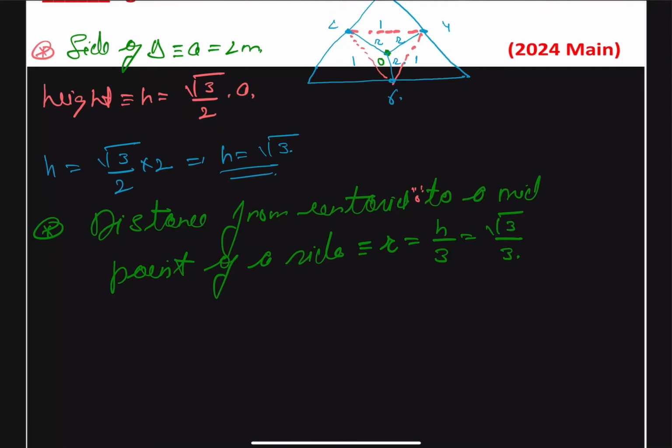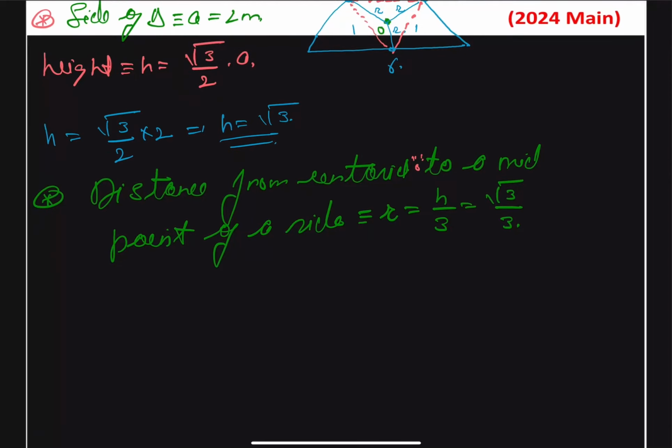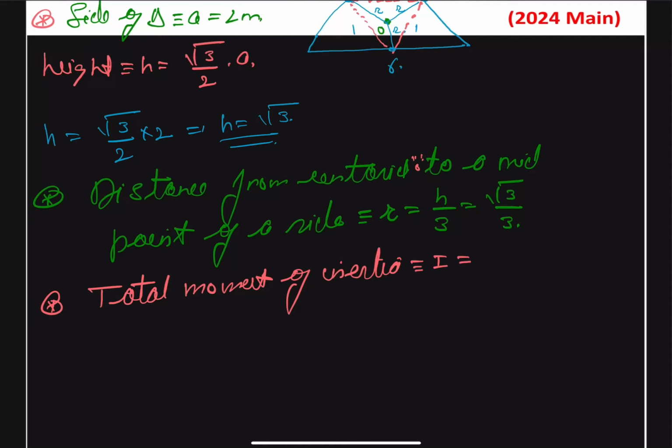Therefore, total moment of inertia. In this case we can use the general formula for moment of inertia, which gives us the summation of all the masses times the distance squared.